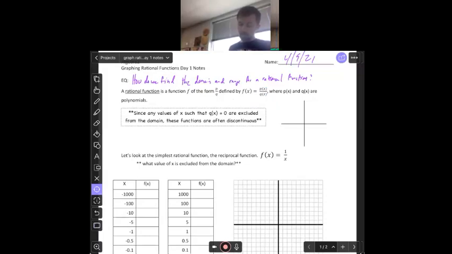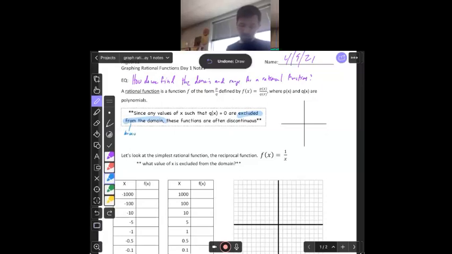So because there's a variable in the denominator, there are values of x that we could plug in that would make that denominator 0. We've been talking about how that's not okay. All right, and so if a value of x makes the denominator 0, then that value of x must be excluded from the domain, saying that we can't use that value. Because we can't divide by 0.